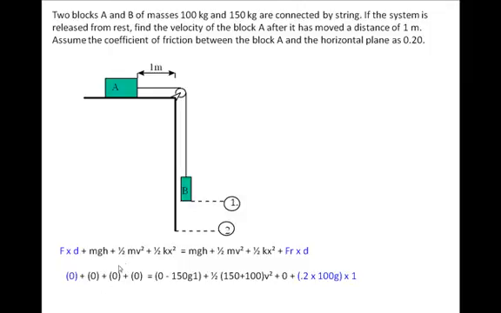Half mv square for both bodies is 0 because it's starting from rest, and there is no spring, therefore half kx square is 0. Now in the second position, when A moves towards right and B goes down, MGH for A is not changed. It continues to be 0 because it's still at its own reference. But B goes down by 1 meter, and it's negative as it's lost the height.